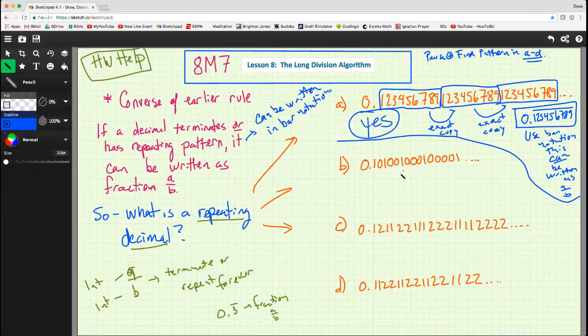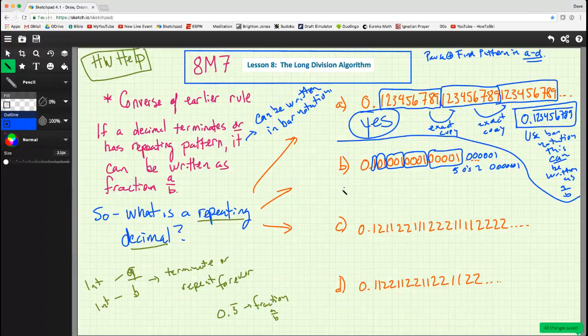So let's look at this one. All right, well, here I have a 1, and then a 0, 1, and then a 0, 0, 1, and then 3 zeros and a 1, and then 4 zeros and a 1. So the question is, this is a pattern, because I know what's next is 5 zeros and then a 1, and then 6 zeros and a 1.